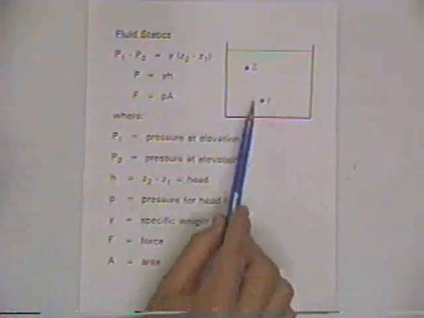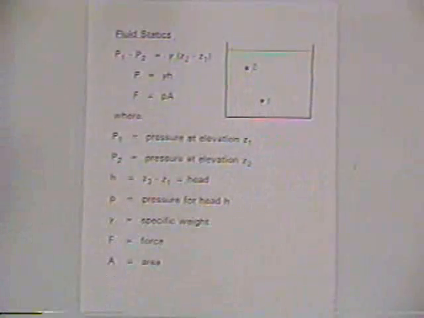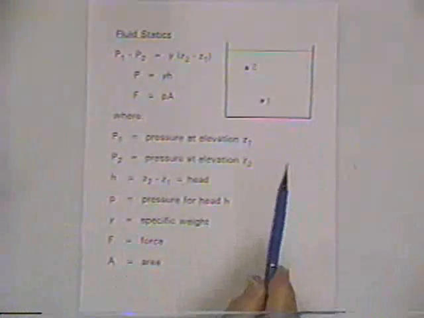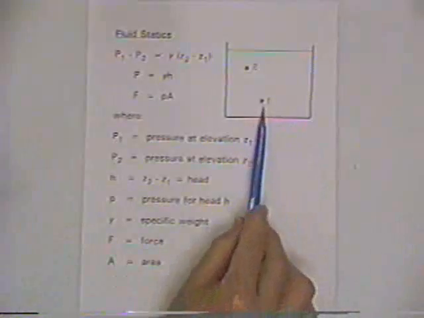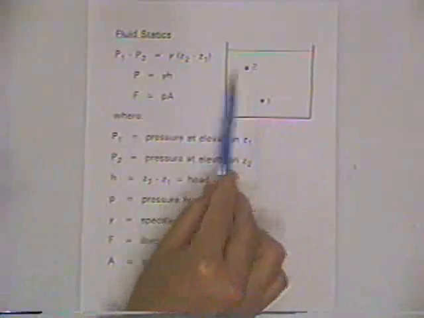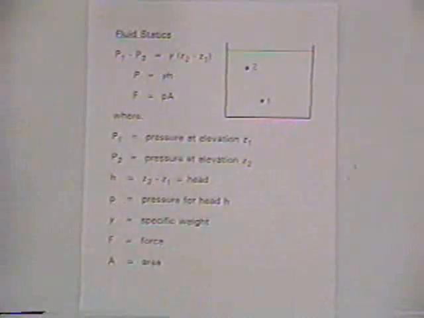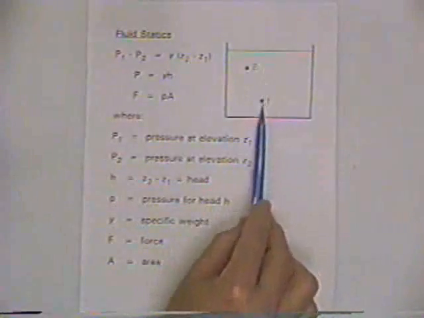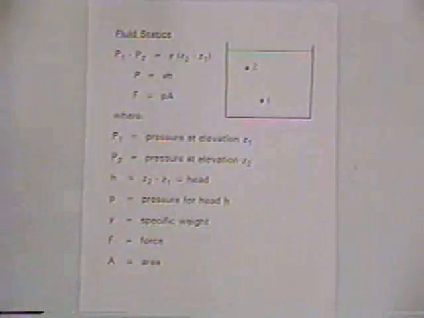If you pick a couple points some vertical distance apart, here we're using a liquid in a container, we let P1 be the pressure here and P2 the pressure there. The difference in pressure is just the vertical difference in elevation of this column of fluid times the specific weight, the unit weight of the fluid.